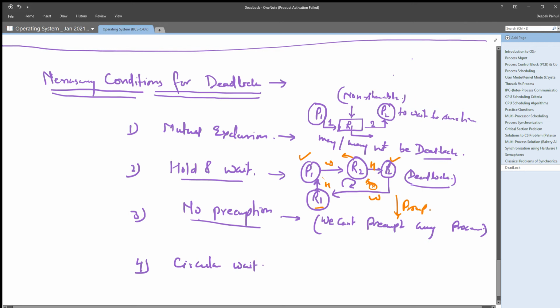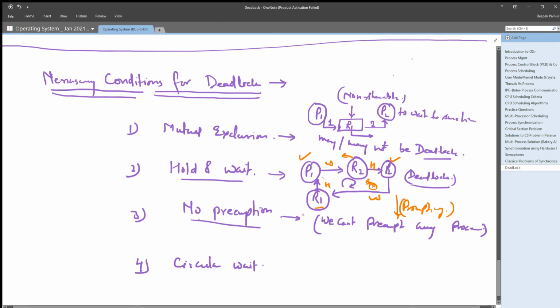And if the system has no preemption activated, it means we cannot do that externally. And if we are unable to externally instruct waiting processes to release the resources, it means the deadlock will not break at any moment, right? That's why the deadlock will be there for sure for a long period of time.